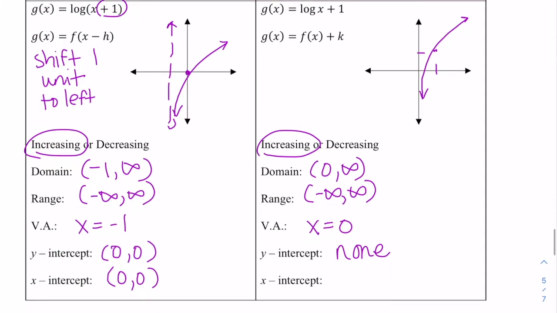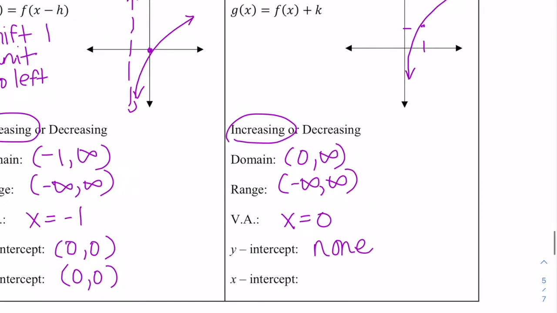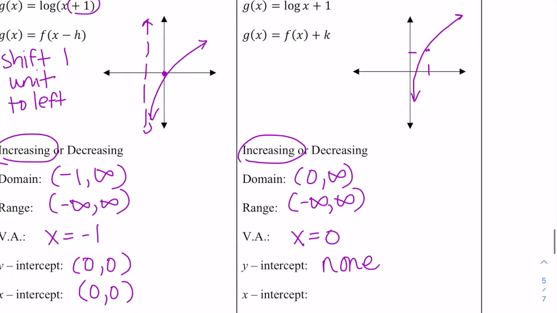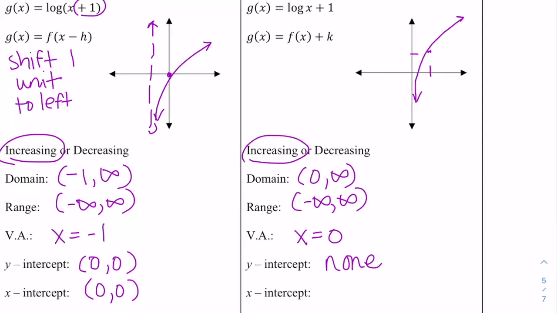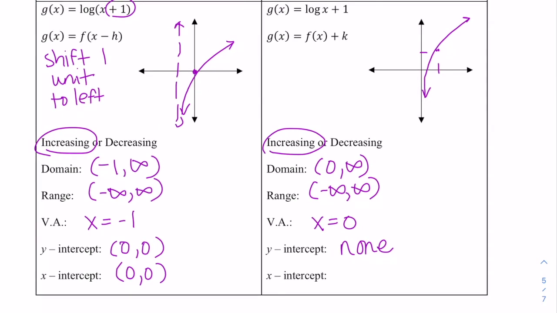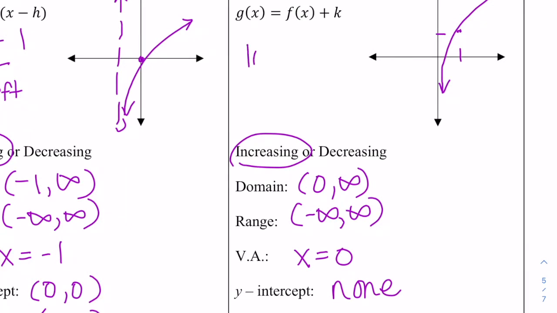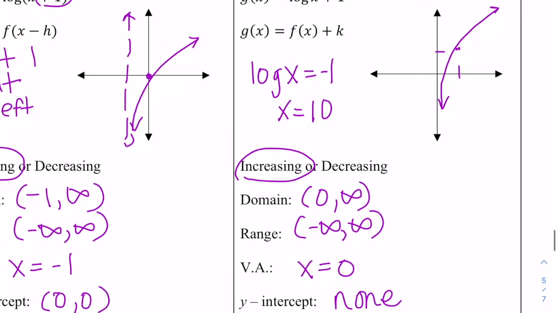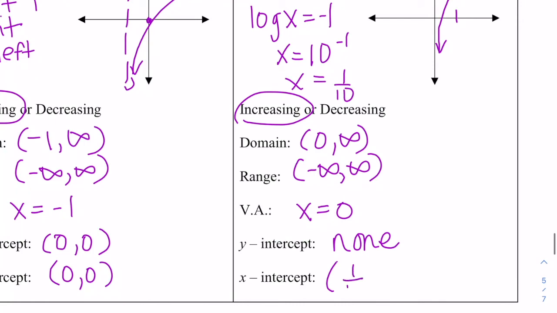So let's see, to set this equal to 0, this is going to be log of x equals negative 1, and so we'll have x equals 10 to negative 1. Oh, it's common log. So x equals 1/10. So 1/10 and 0. So just very small.